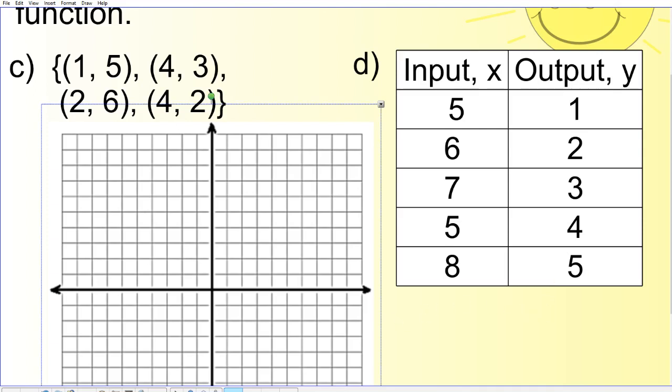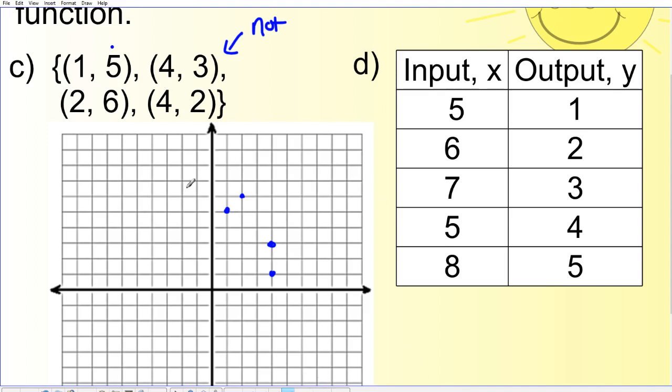Alright, so I just threw up a quick graph here, right? If I take these points, we said this guy was not a function. If I take (1, 5), (4, 1), (2, 3), (2, 6), (4, 2). That's these four points I just graphed right here.